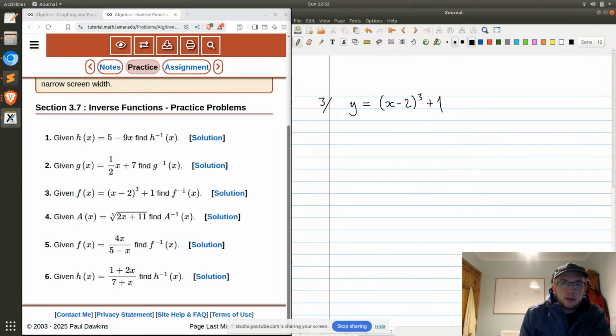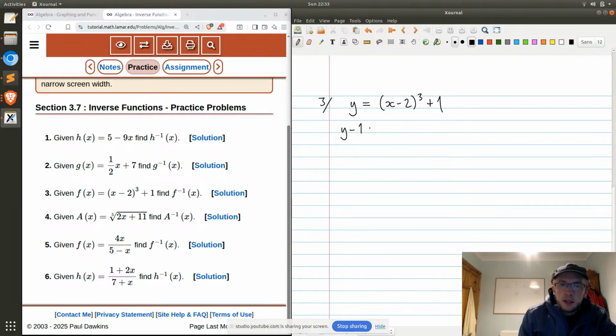Y on the left and the function definition on the right. Then try to get x by itself on one side of the equal sign and no mention of x at all on the other side of the equal sign. This is called isolating x.